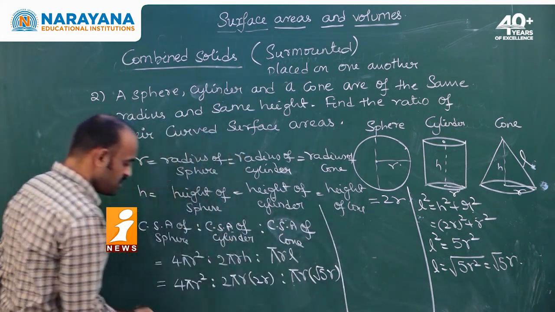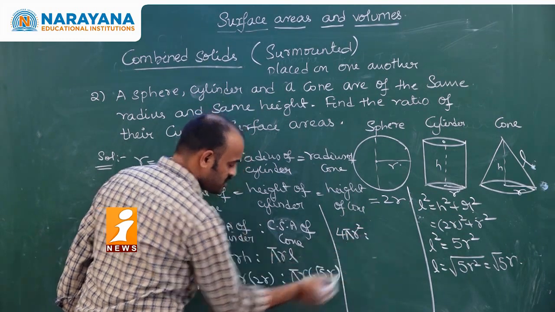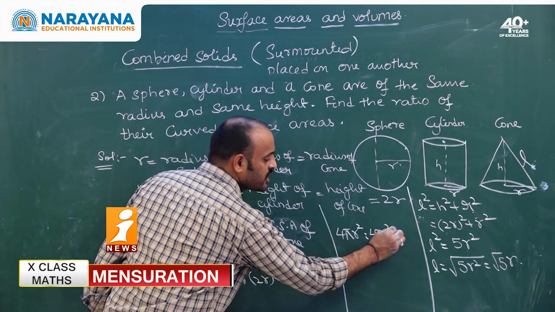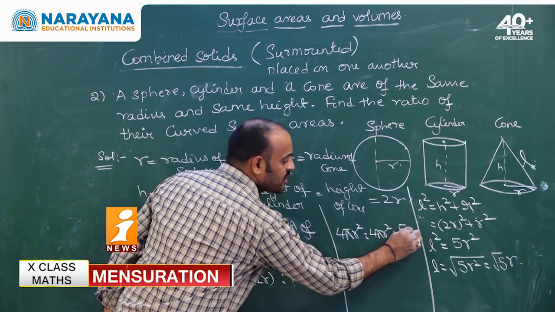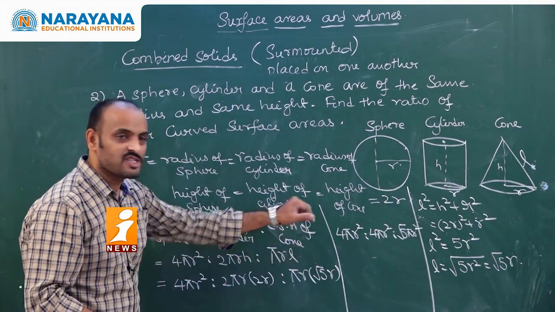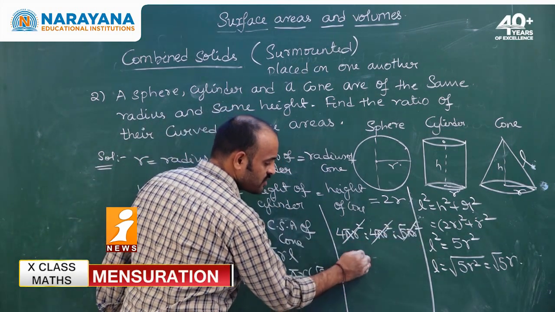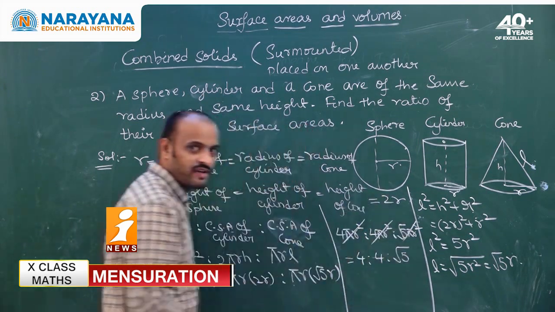Which is nothing but 4 pi r square is to 2 pi r into 2r, this is also 4 pi r square, is to root 5 pi r square. See, in each and every term pi r square is there. Shall I cancel pi r square? Therefore, the ratio is 4 is to 4 is to root 5.